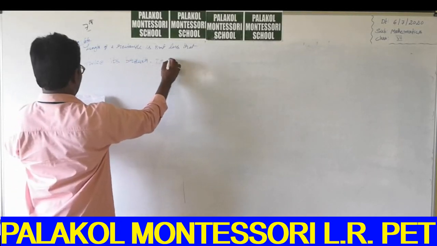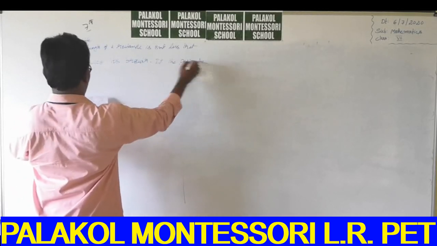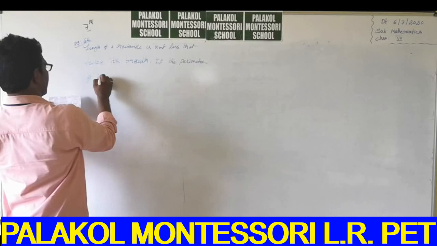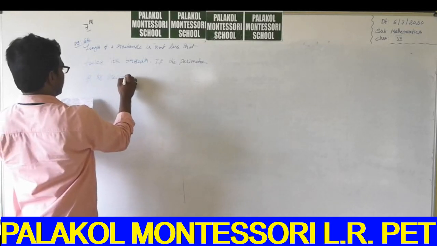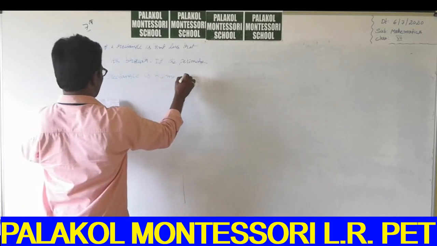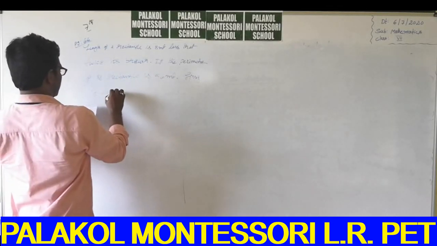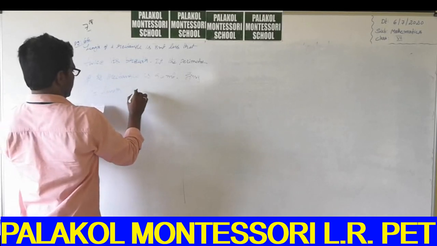If the perimeter of the rectangle is 56 meters, find its length and breadth.